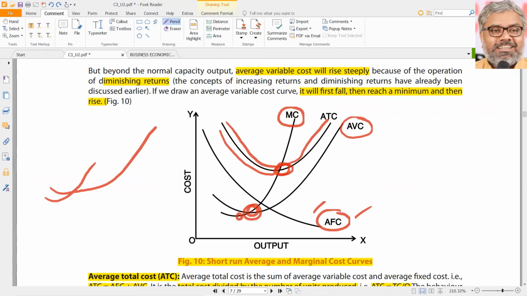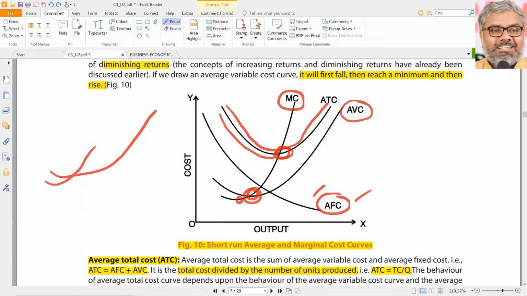So the relationship is there, definitely. The logic is the same, why it happens is the same, the reasons are the same. Production and cost are both related. The only point here is we need to observe the tendencies of average total cost and marginal cost. What is their relationship? Other things like average variable cost and average fixed cost, anyway we know.